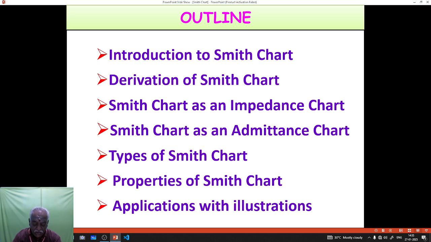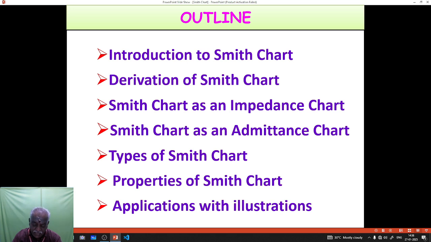If you take the ratio between voltage maximum and voltage minimum, you get the VSWR value. The minimum value of VSWR will be 1. So for a matched junction, the VSWR value will be unity, and for open circuit or short circuit, the VSWR value will be infinite.